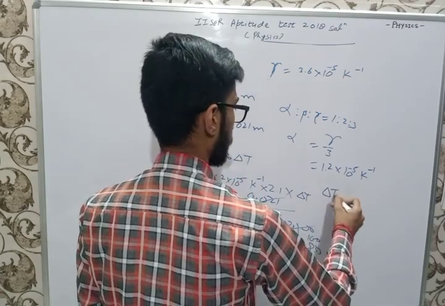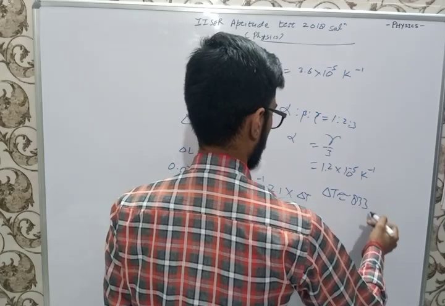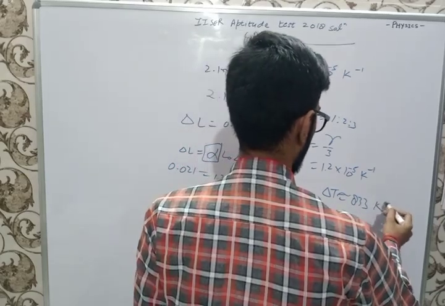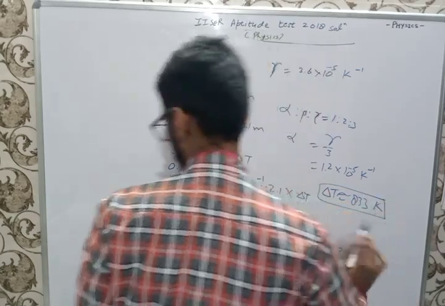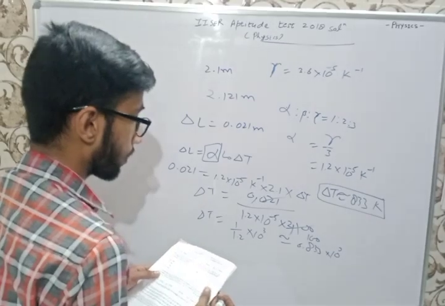So delta T is approximately 833 Kelvin. Now you should note that the answers are given in degree Celsius.